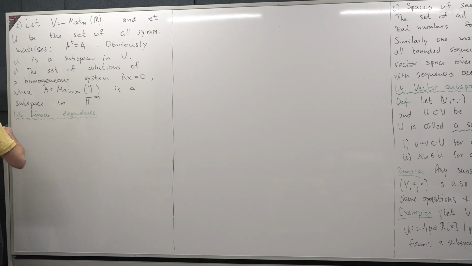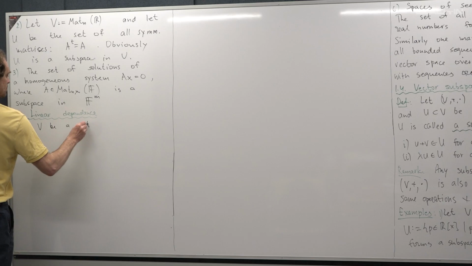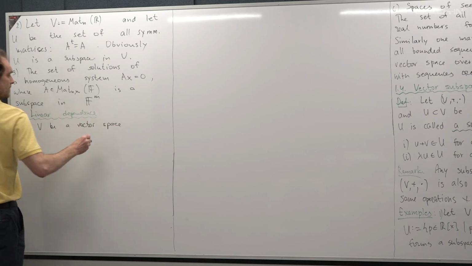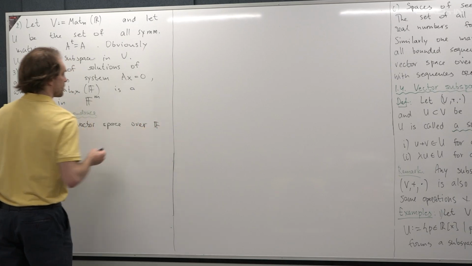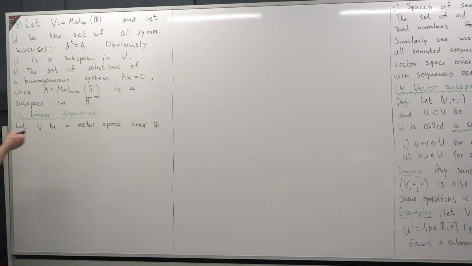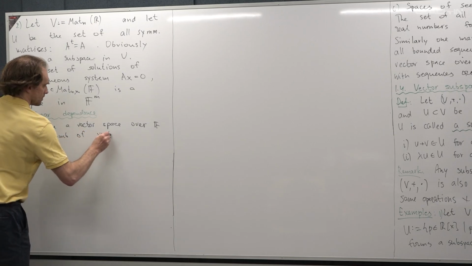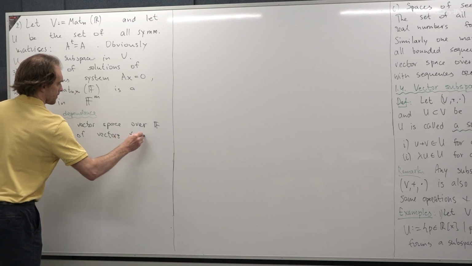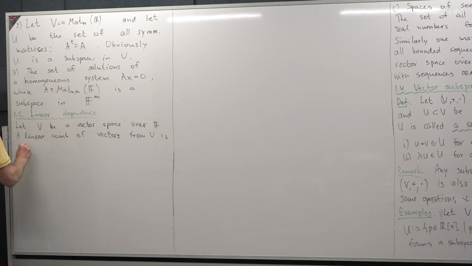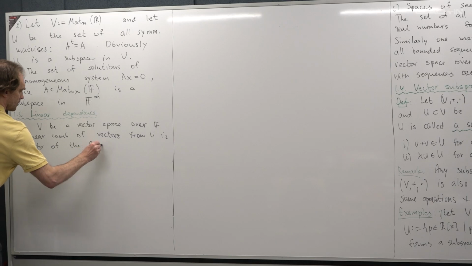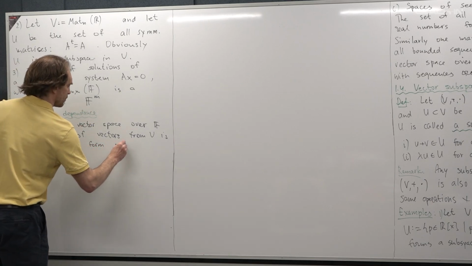So let V be a vector space over F, where F is a field, and in the same way a linear combination of vectors from V is a vector of the form alpha 1 V1 plus etc.